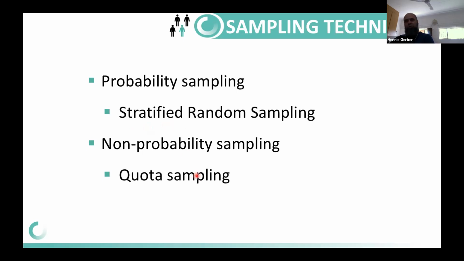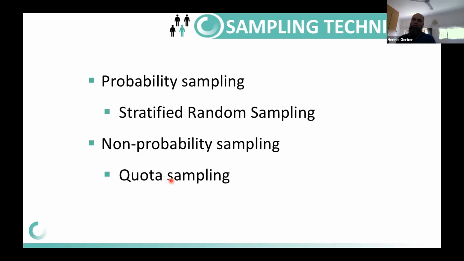Then if you follow a non-probability sampling method, you can look at quota sampling, because quota sampling will be the corresponding method that will give you at least representativity, like stratified random sampling. Because with quota sampling, you can sample the quotas until you get enough in each category.